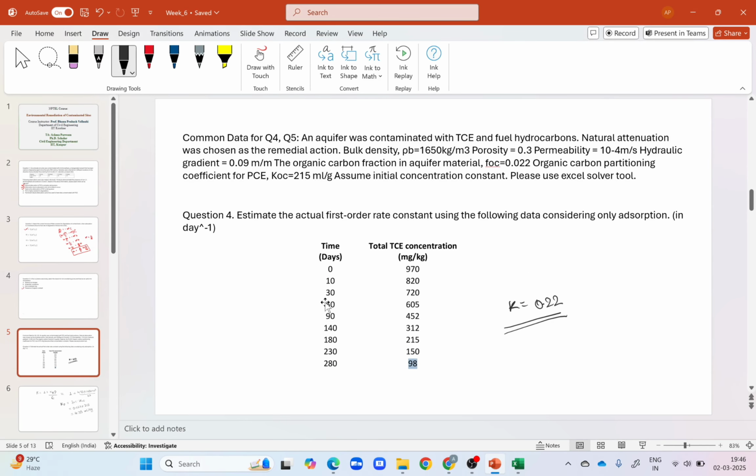So I hope these questions are clear to you. If you have any doubt in these two questions or in any of the previously solved questions, you can just unmute yourself and ask. We can discuss these questions.